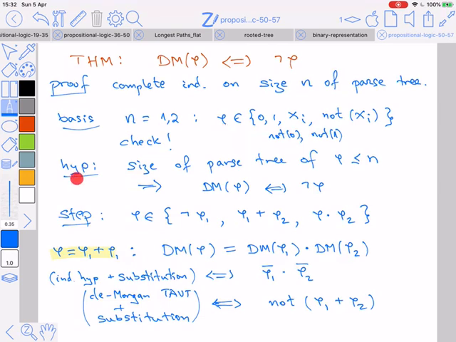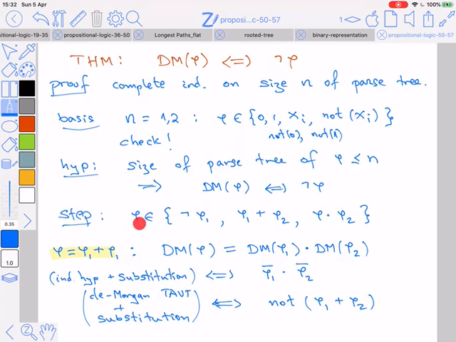Okay, the induction hypothesis says that if the size of the parse tree of phi is less than or equal to n, then the De Morgan dual of phi is logically equivalent to the negation of phi. Now we want to prove the induction step for a formula whose size is bigger than n. If the formula has a large parse tree, the root is labeled either by a negation, an or, or an and.